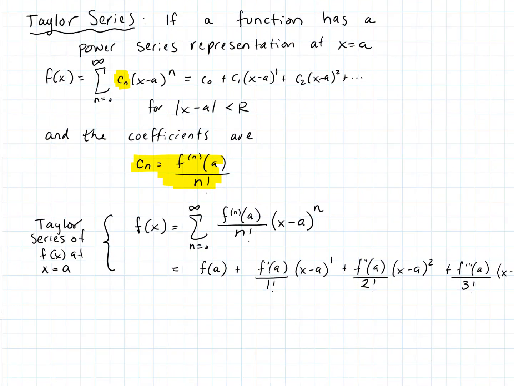Now we end up with a very specific type of Taylor series, and we look at this one an awful lot. It turns out, what if the a that we look at equals 0? That gives us what is called the Maclaurin series.